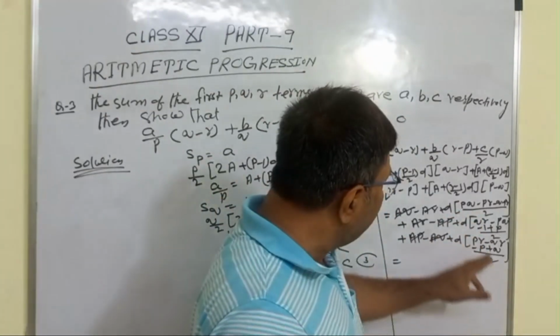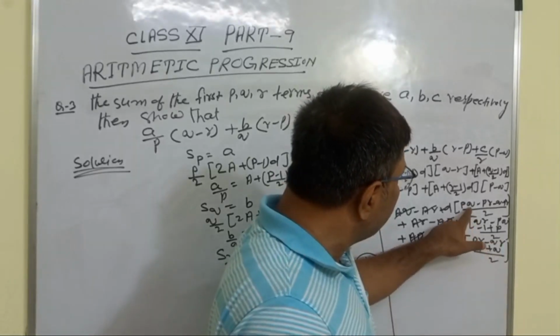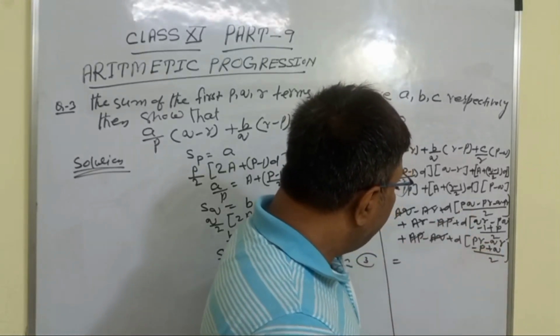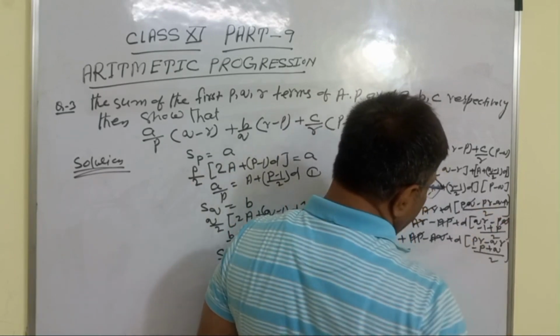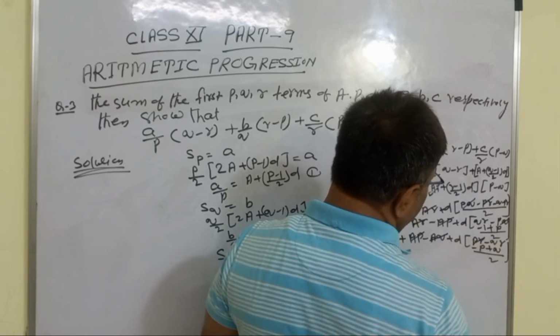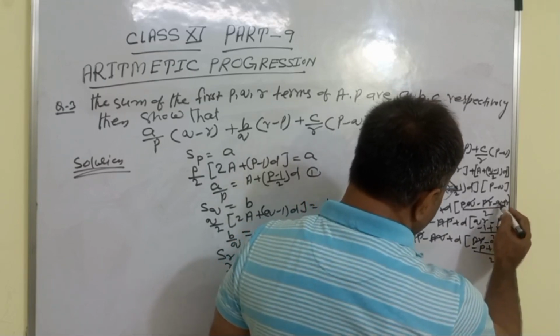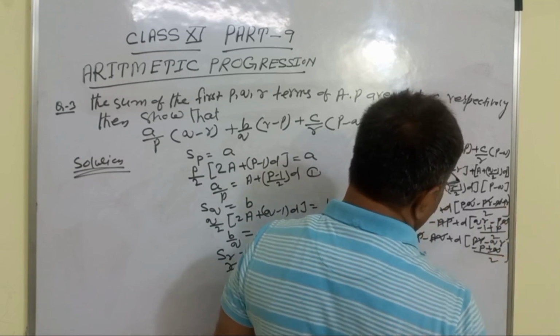So now you see every denominator is 2. So LCM is 2 we are doing. So this is PQ positive and here you see PQ negative. So this is also cancel out. Minus PR negative and here PR positive. Again here minus Q and here also plus Q, cancel out.